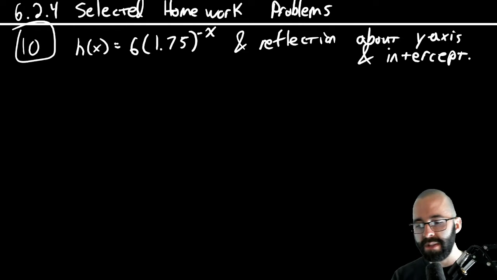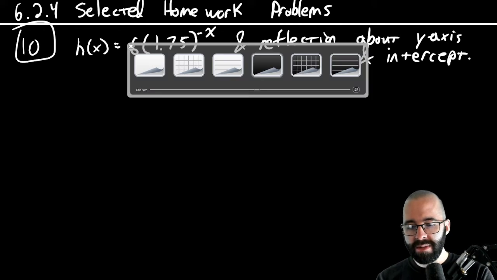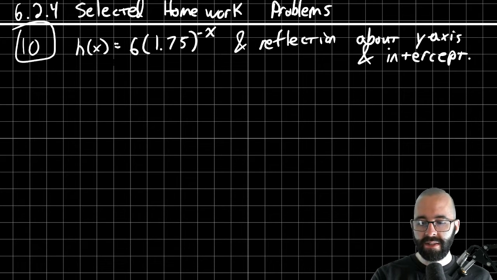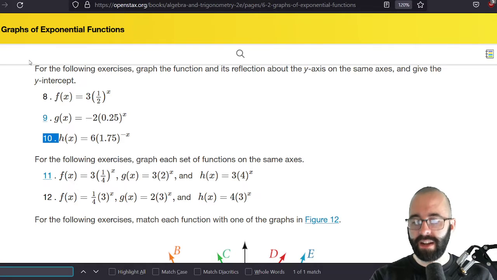You can graph this by hand, or you can graph it with Desmos, but either way, your final answer needs to be on your own paper. Let's start with Desmos. 6 times 1.75 to the negative x.